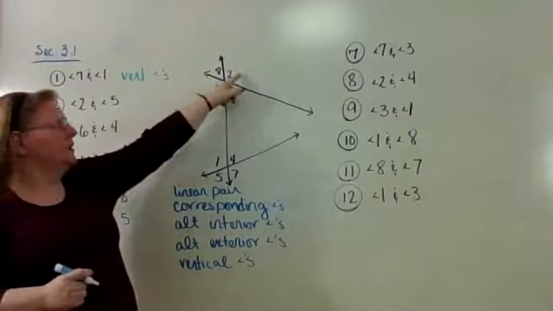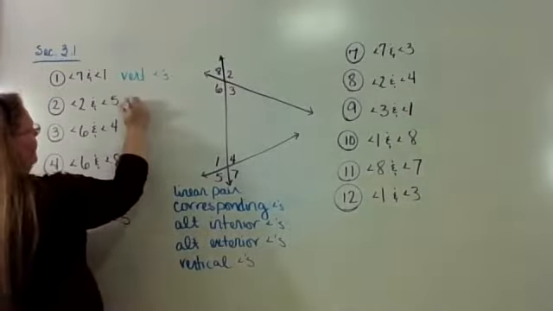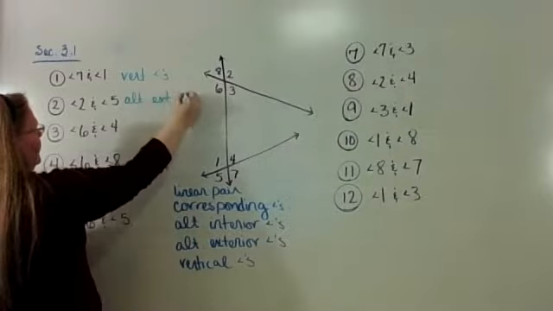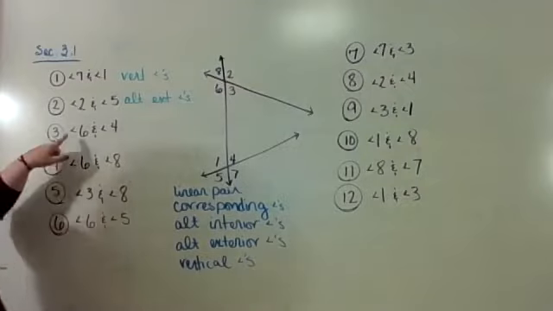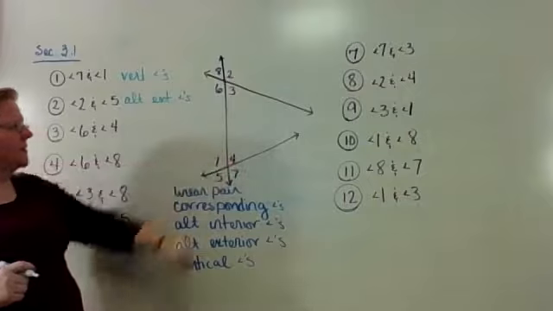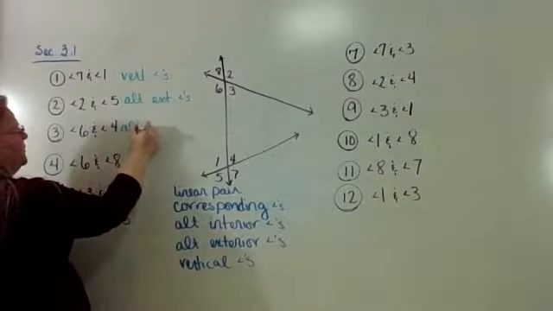Angle 2 is up here, angle 5 is down here. Those are alternate exterior angles. Angle 6 and angle 4. Angle 6 is up here, angle 4 is down there. Alternate interior angles, because they're in between the two.